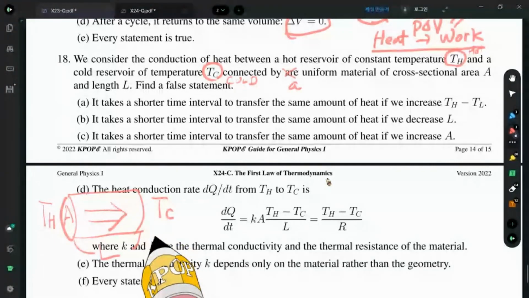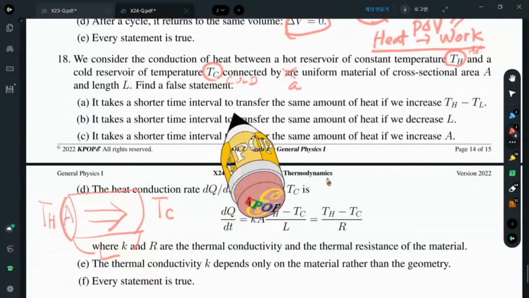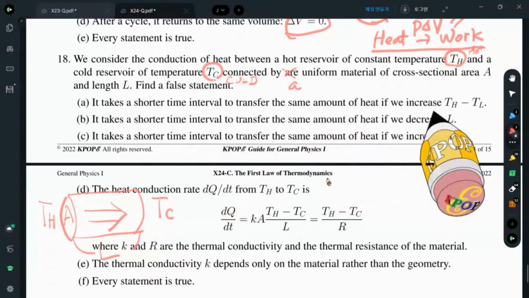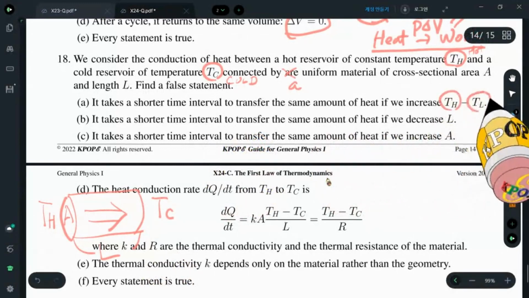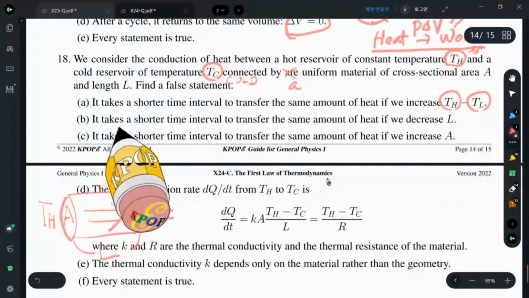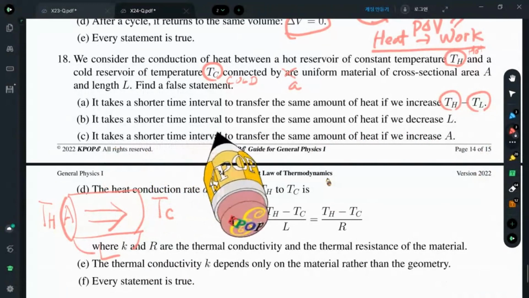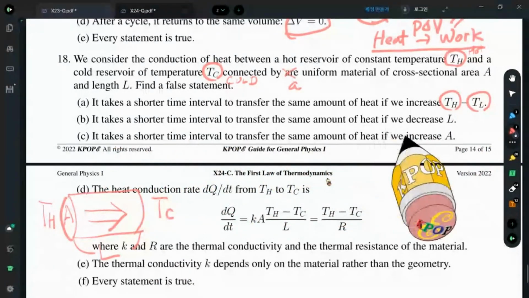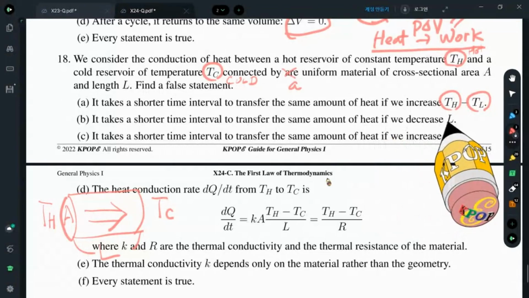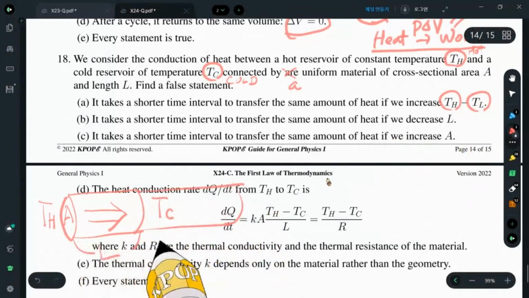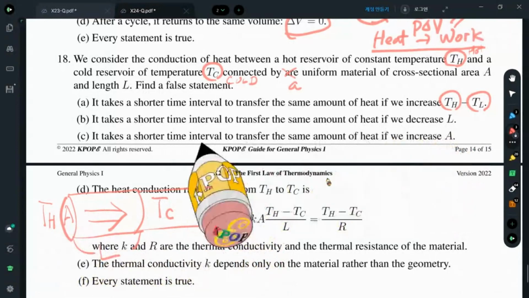It takes a shorter time interval to transfer the same amount of heat if we increase the temperature difference. That's correct. It takes a shorter time interval to transfer the same amount of heat if we decrease L. Yes, it takes longer if you elongate the length.